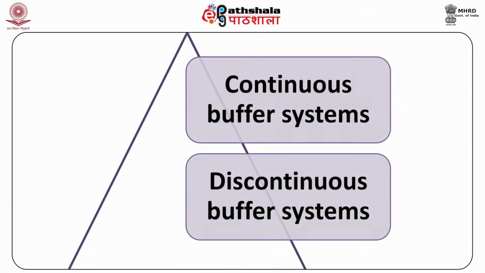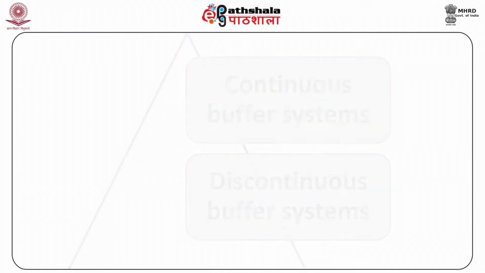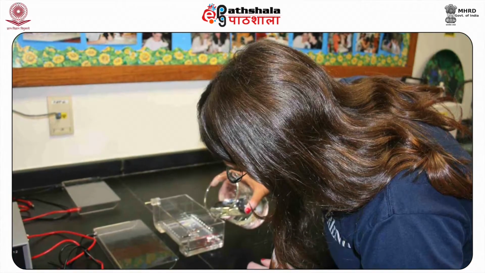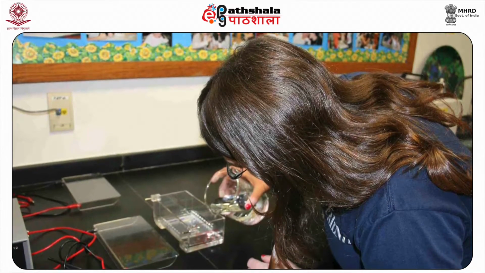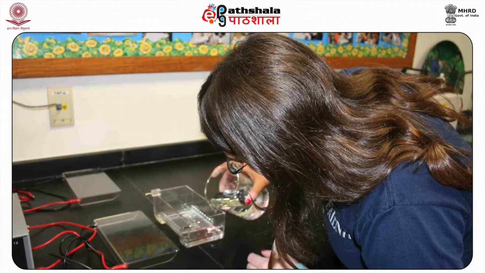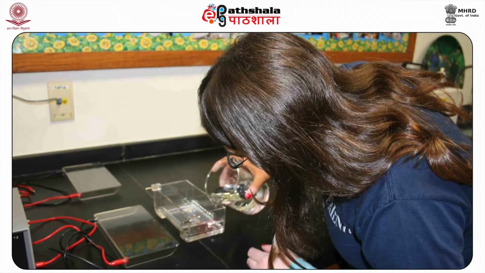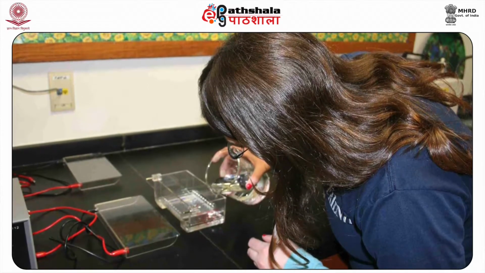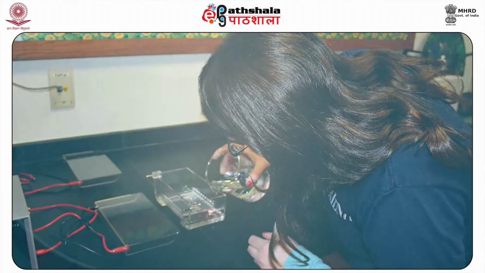Two types of buffer systems can be used: continuous buffer systems and discontinuous buffer systems. Continuous buffer systems use the same buffer at constant pH in the gel, sample and electrode reservoirs. Samples are loaded into wells and proteins that are closer to the gel enter first.